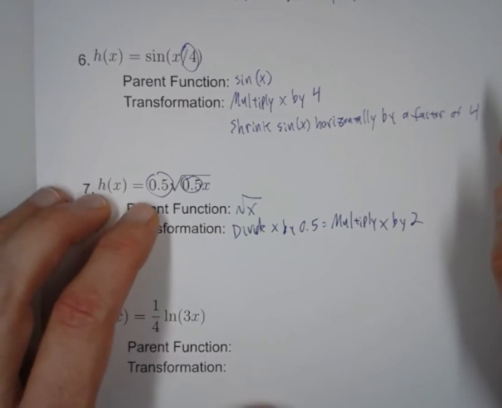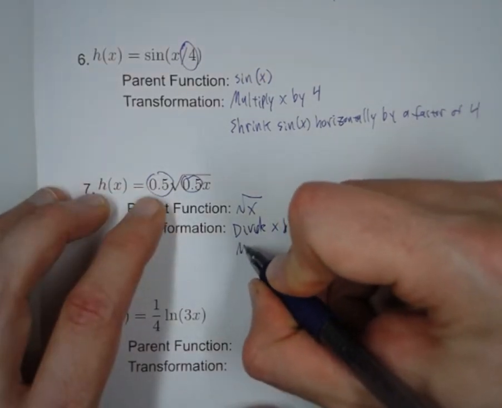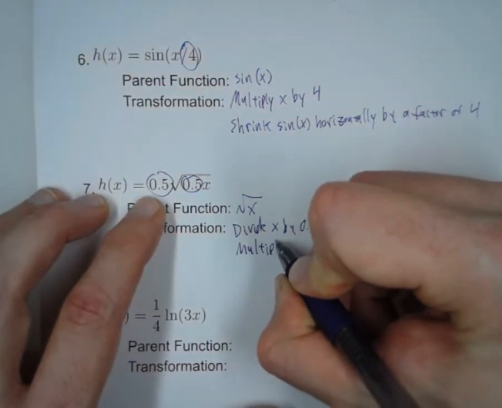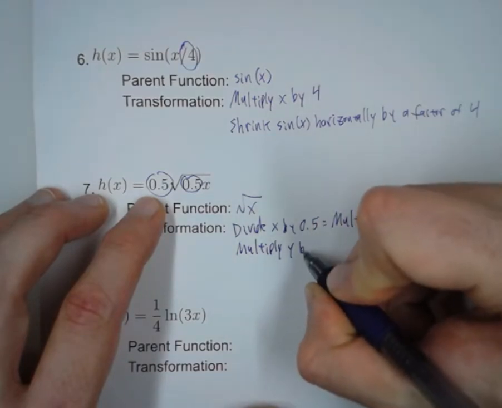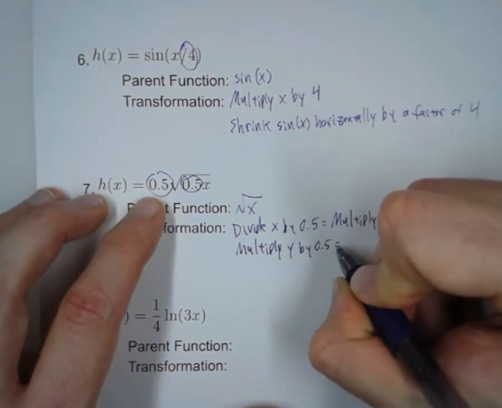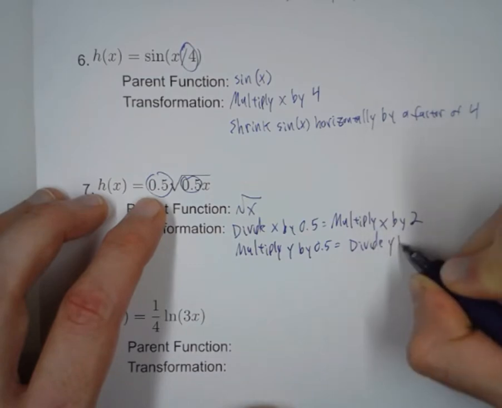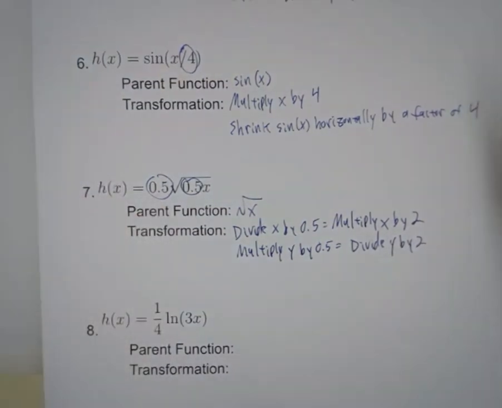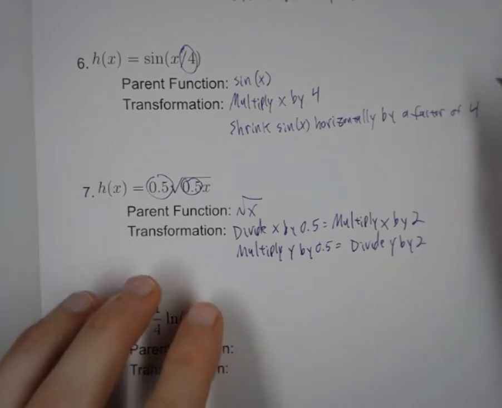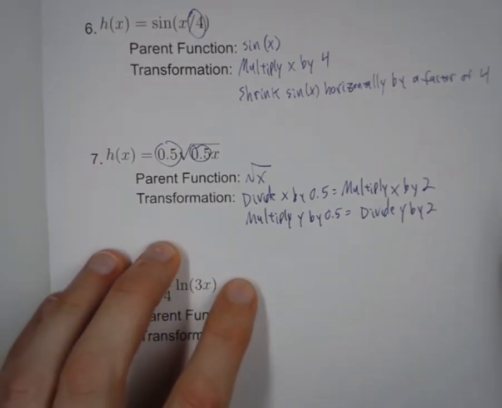Now over here, I'm going to multiply y by 0.5. Now that's the same as divide y by 2. Again, getting rid of the decimals makes it a little easier to see. So what's going to happen is two things.